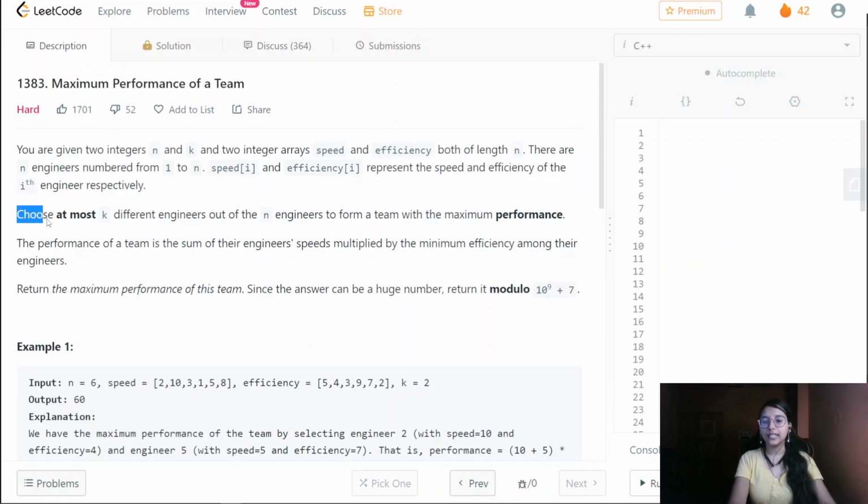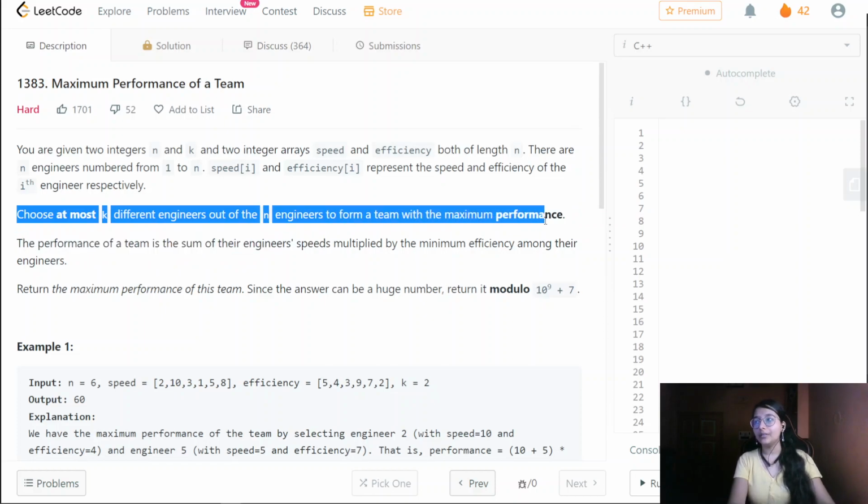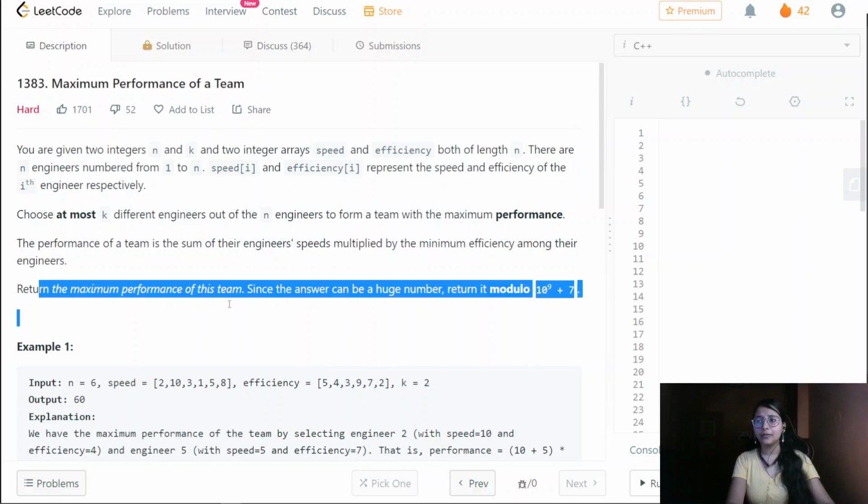Now choose at most k different engineers out of n engineers to form a team with maximum performance. The performance of a team is the sum of their engineers' speeds multiplied by the minimum efficiency among their engineers. Return the maximum performance of this team. Since the answer can be a huge number, return it modulo 10 raised to the 9 plus 7.